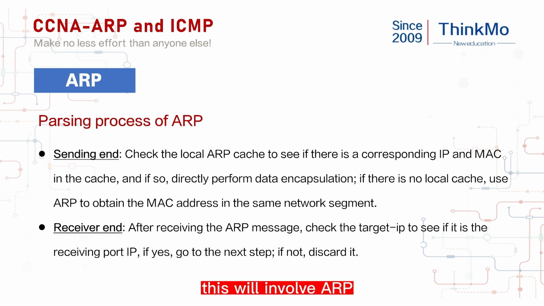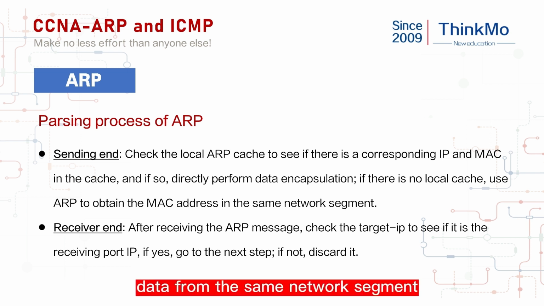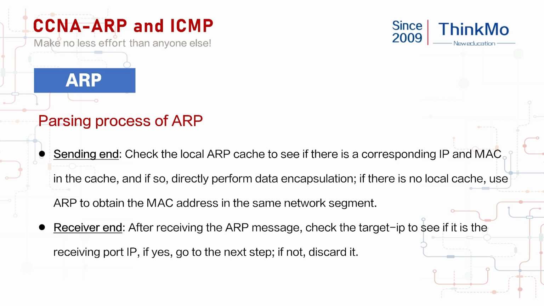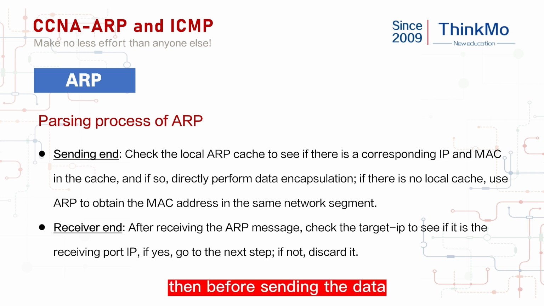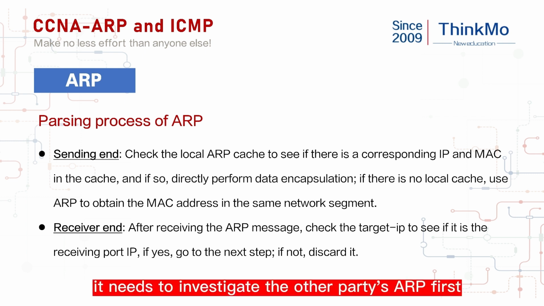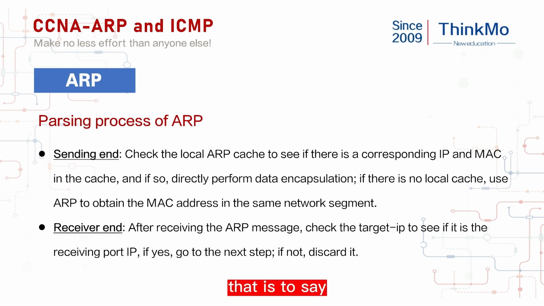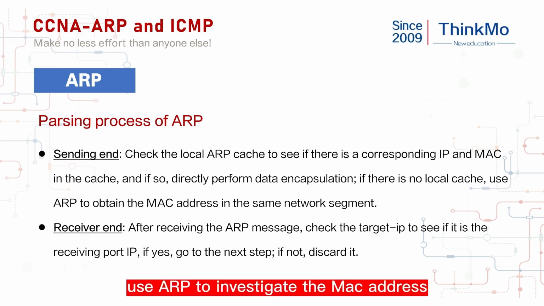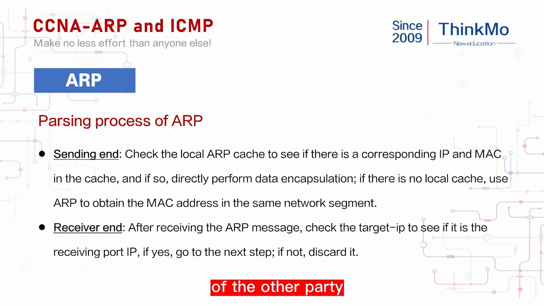This will involve ARP. Now the data is the same. Data from the same network segment, as it can be sent and be able to reply to it. Then before sending the data, it needs to investigate the other party's ARP first. That is to say, use ARP to investigate the MAC address of the other party.